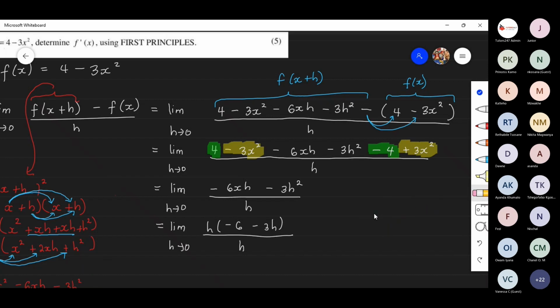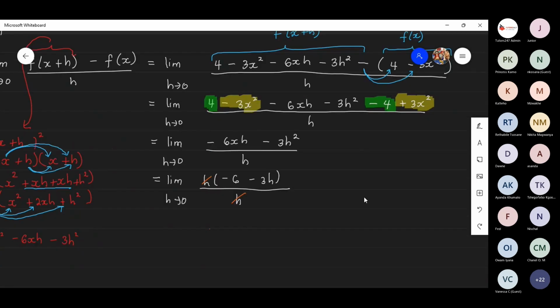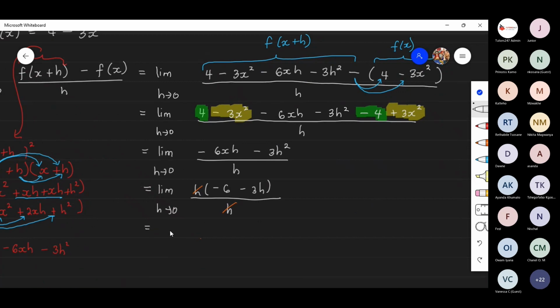Now, let us move on. So from here, we can see that we have the same thing on top and the same thing at the bottom. h on top, h at the bottom. So that cancels out. So what we will be left with is the limit as h approaches 0 of negative 6 minus 3h.